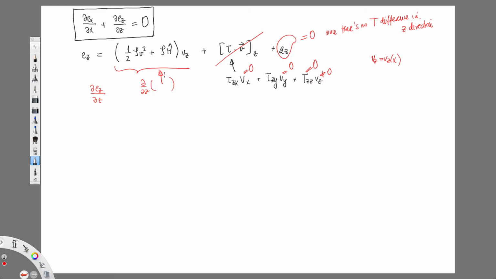And VZ depends only on X. So this long story was to conclude that partial EZ, partial Z, luckily, is 0. That's going to make solving this problem way simpler. So what we are left with is partial EX, partial X is equal to 0. And we will complete that next time.